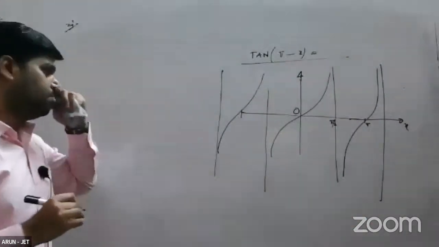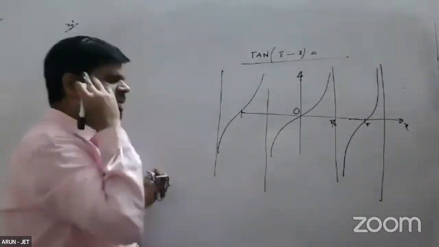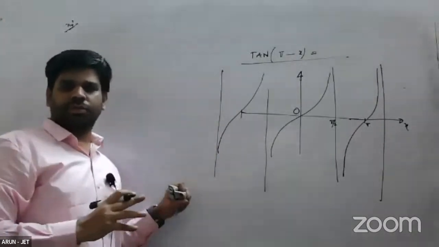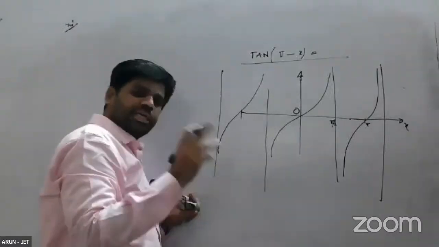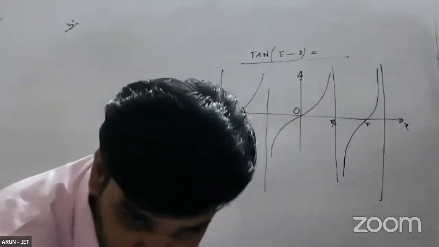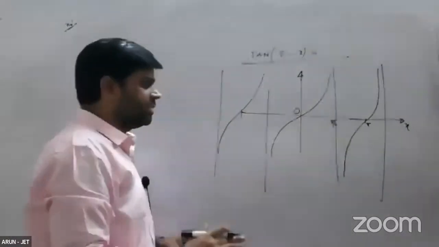This is my tan x graph. You can either remember the formula, or if you don't remember the formula, the graph is always there with you. If you forget the graph too, there is circular geometry. But you have to remember any of these. Yes, that's right. Jyoti says the answer, that's right.